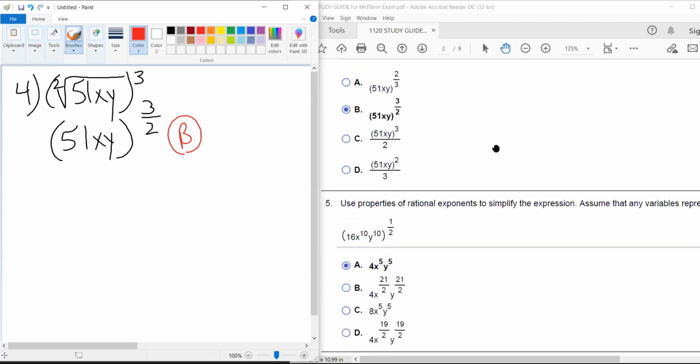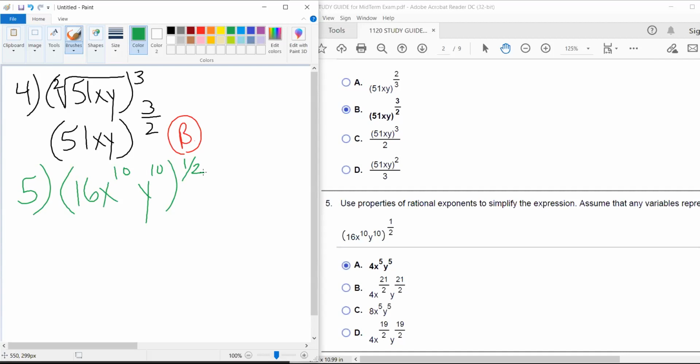Question 5. Use properties of rational exponents to simplify the expression. And part of the directions are cut off, but they say assume that any variables represent positive numbers. So we have 16x to the 10th power, y to the 10th power, and that's all raised to the 1/2 power.